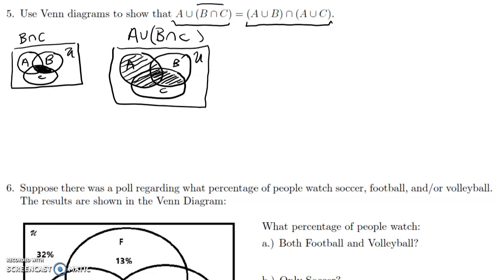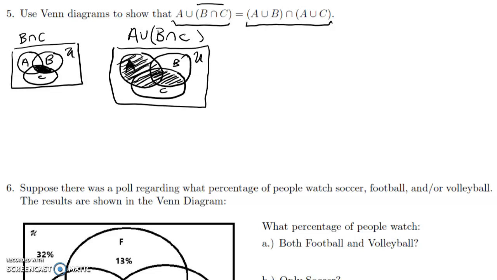So when we do a union, we're essentially going to shade all of it lumped together. So we end up with 5 total regions that are shaded there then. The whole circle for A, all 4 parts of it, and that extra portion of B intersect C that wasn't shaded so far. So that's our Venn diagram for the left-hand side.